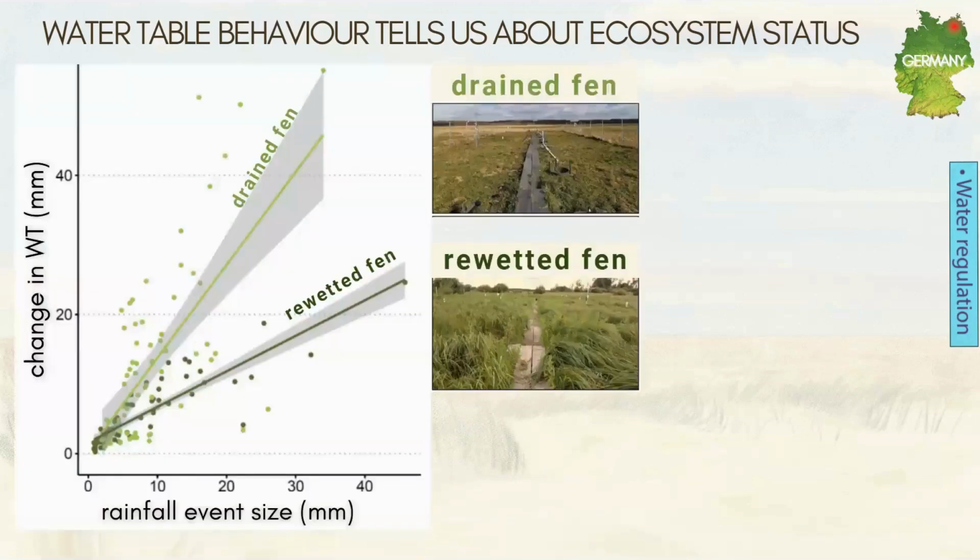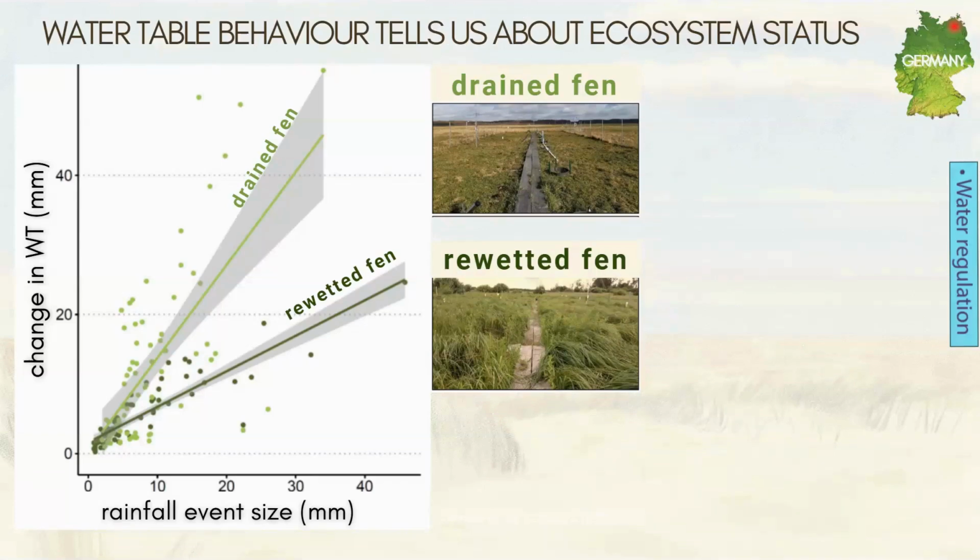Imagine there is a drained fen and a re-wetted fen. When we compare the response of the water table to rainfall events, we see a clear picture: a lower slope for the re-wetted fen, and a higher slope for the drained fen, which means the re-wetted fen is less sensitive to inputs from rain.